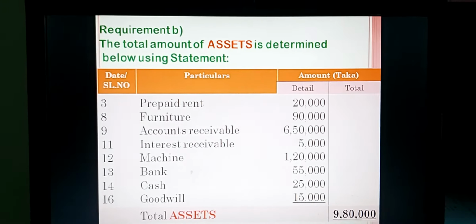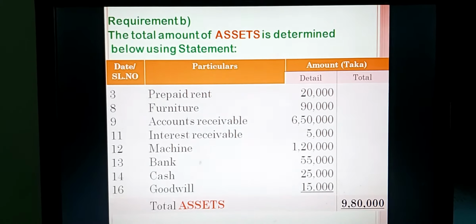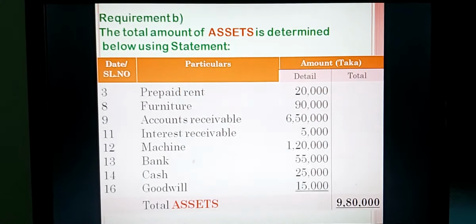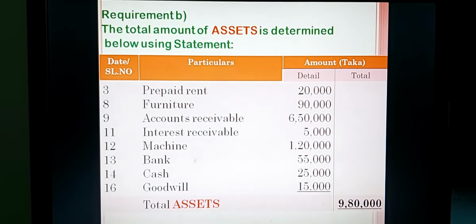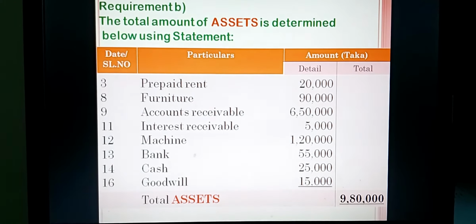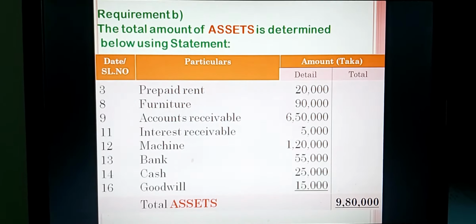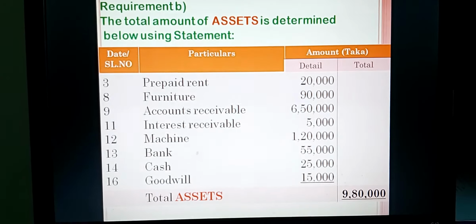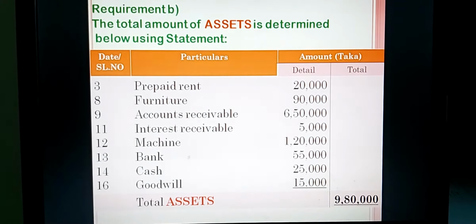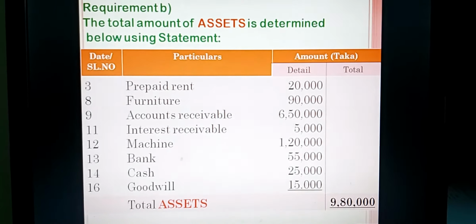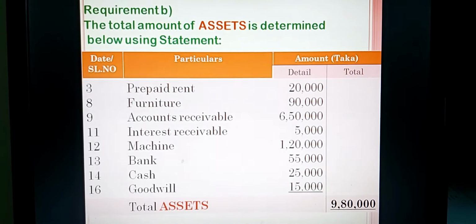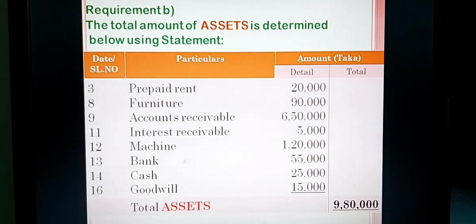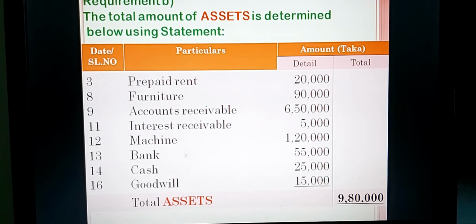I have already discussed in the previous lecture which items are related to assets, which are liabilities, which are expenses, and which are related to revenues or income. So you can take easily from the question which items are related to assets. You have understood from the previous lesson.